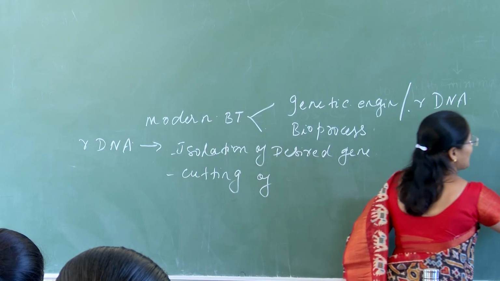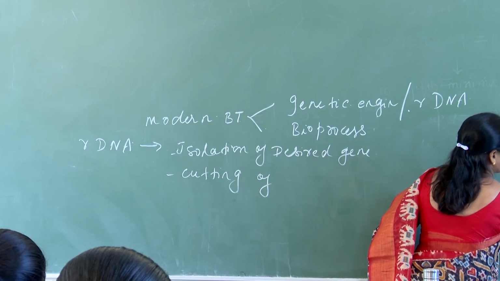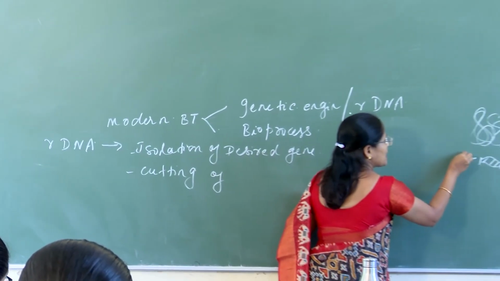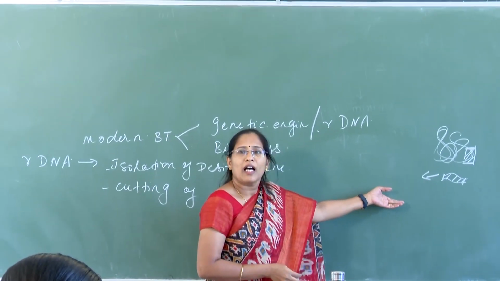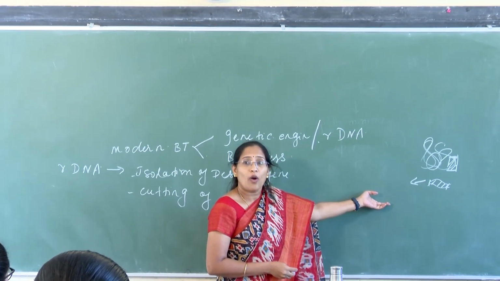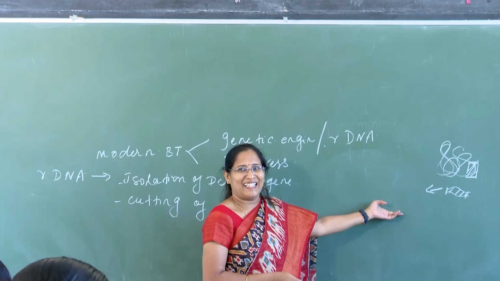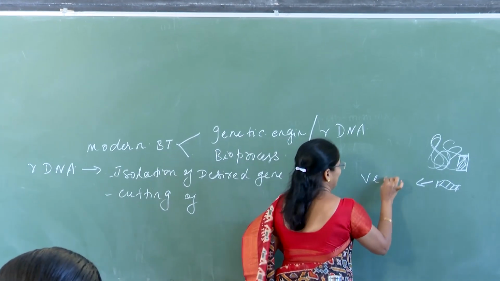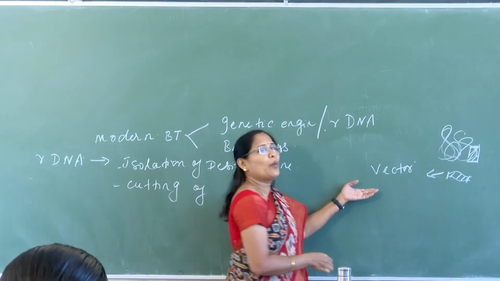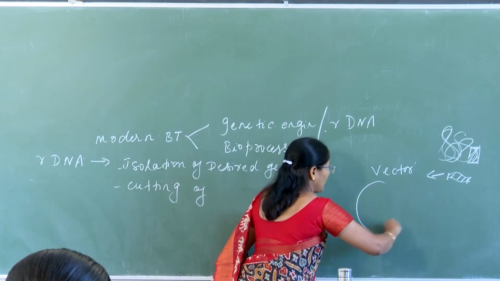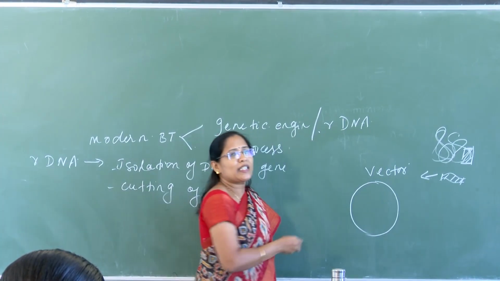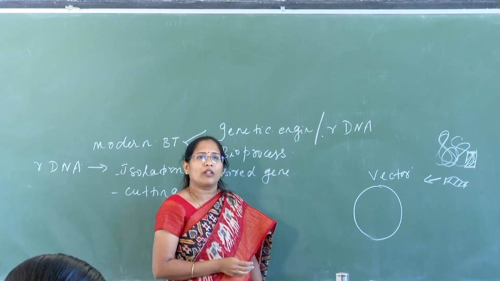So now my gene of interest is here. I have to insert it into a host or vector? Vector. I have to insert it into a vector. So this is my vector. To insert it, first, do I need to cut it or not?